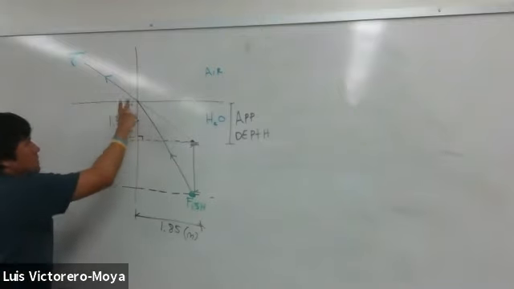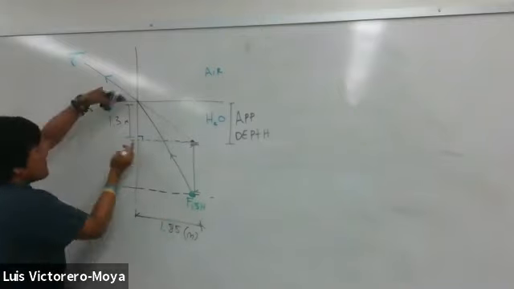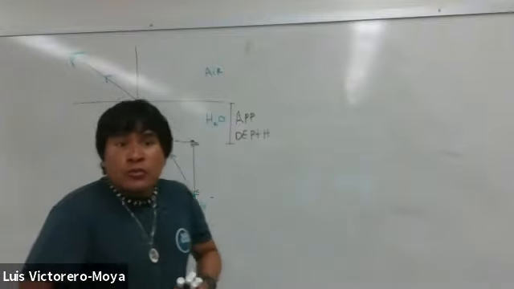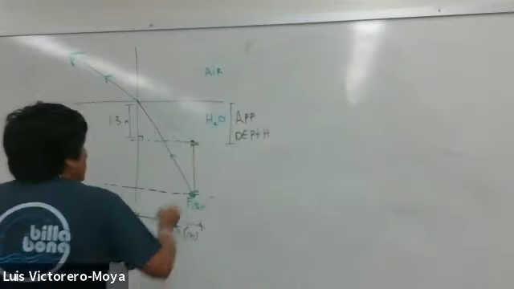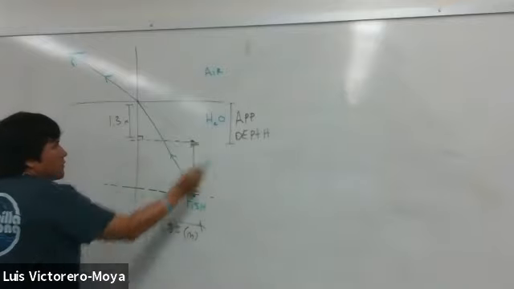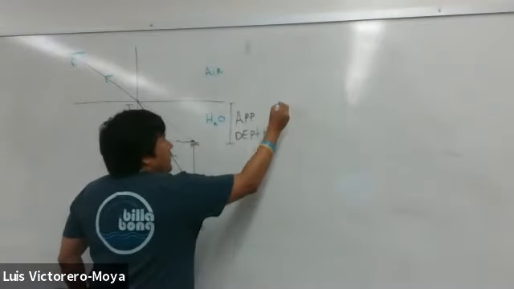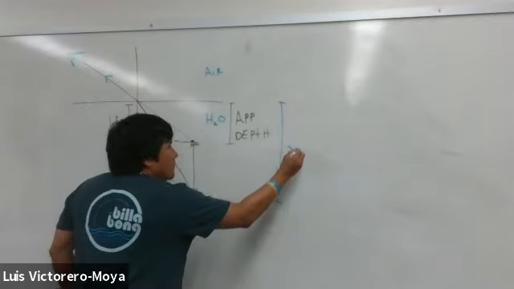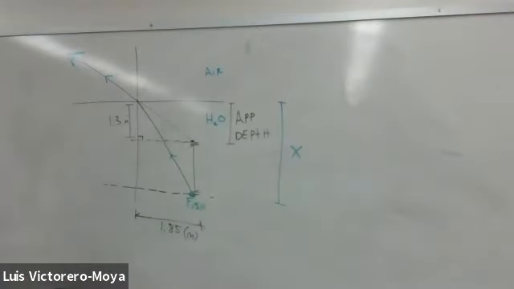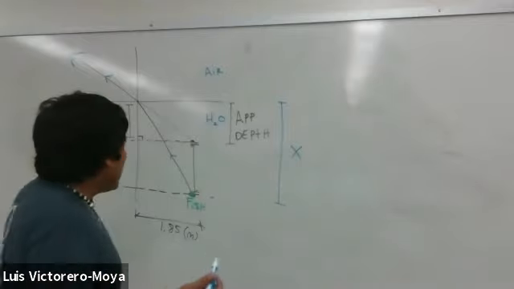So if you are given this, they ask you to find the actual depth. So you want to find this. This is what they're asking you. They don't give you anything else. As I told you, they don't give you any angles.